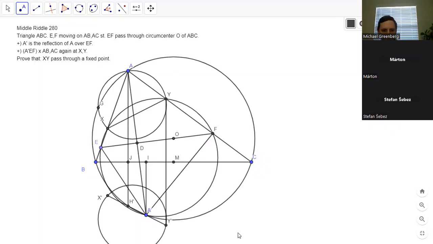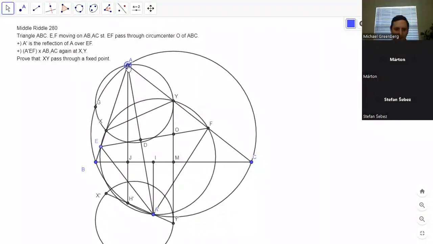So X prime and Y prime are reflections over BC, right? And H prime is the reflection of H over BC, which is also just the perpendicular from A to BC where that meets the circle. Okay. It just looked like it wasn't on the circle, but okay.